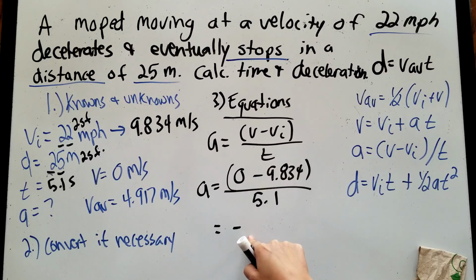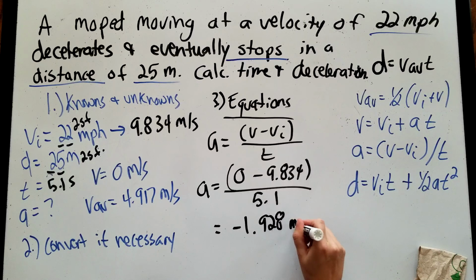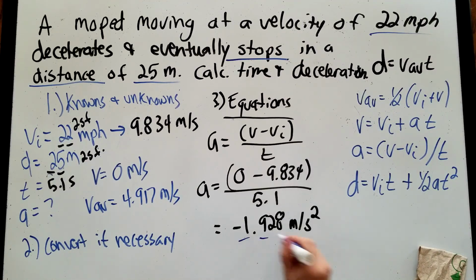When we're speeding up, acceleration is just called acceleration, and the value will be positive. So we get negative 1.928 meters per second squared. We said 2 sig figs, so it would just be negative 1.9. So that's going to stay a 9.